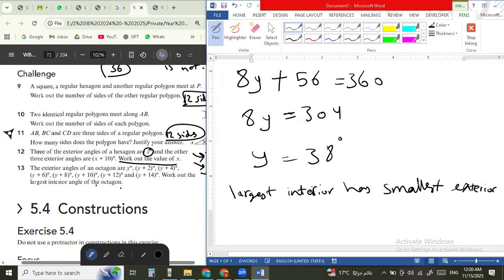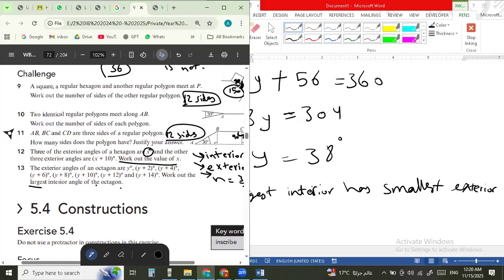So if I have a very large exterior, the interior is going to be very small. If I want a very large interior, then I'm going to choose a very small exterior. Here they are requesting the largest interior, so I must look for the smallest exterior.